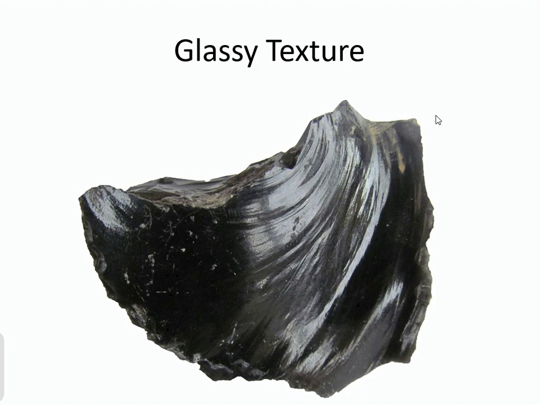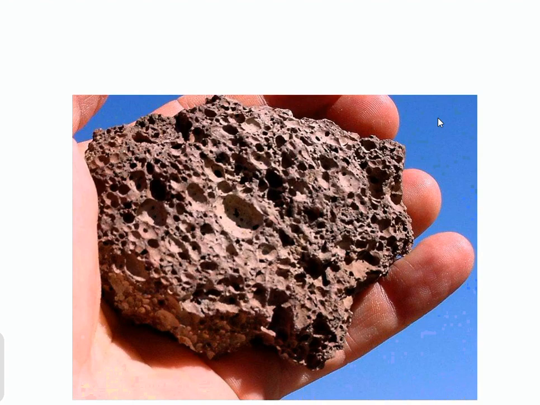This can produce some beautiful rocks. This is called obsidian, and this produces a glassy texture where you do not see a crystal structure to it whatsoever. Another texture that's common to extrusive igneous rocks is a vesicular texture. That lava that exited the Earth contains gas. That gas is free to escape the lava when pressure is reduced.